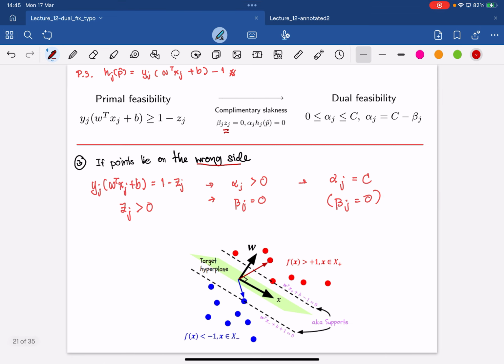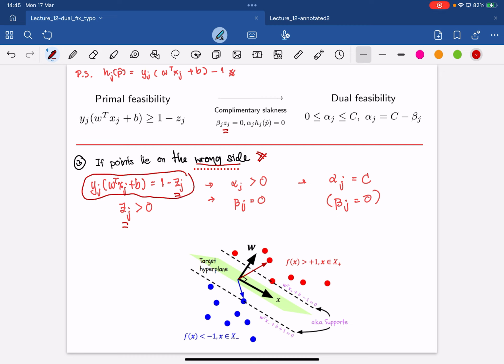On the other hand, if these points are incorrectly mapped, that is yj times (w transpose xj plus b) will be equal to 1 minus zj, and zj will be greater than 0. So this means that your hj will still be equal to 0. That means alpha j can have any value that is not 0.